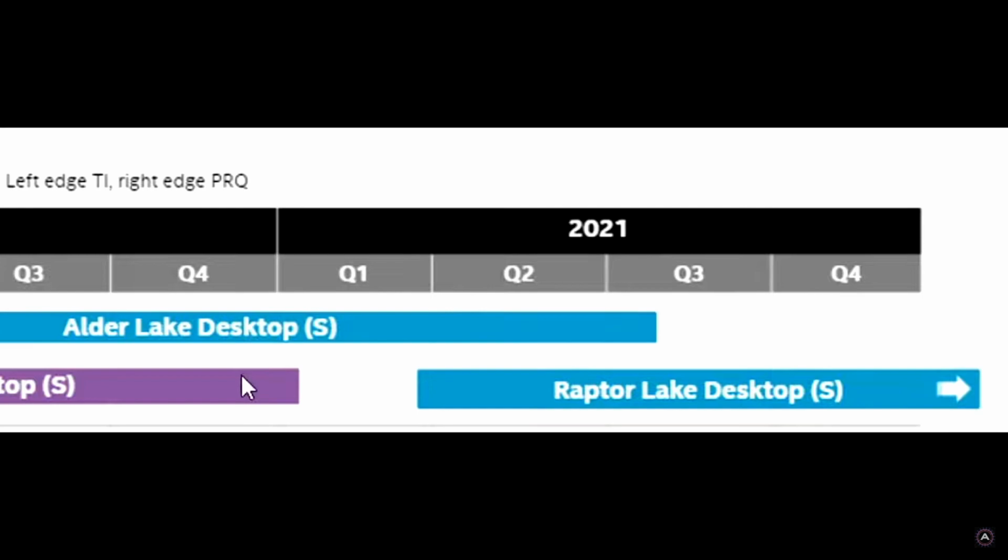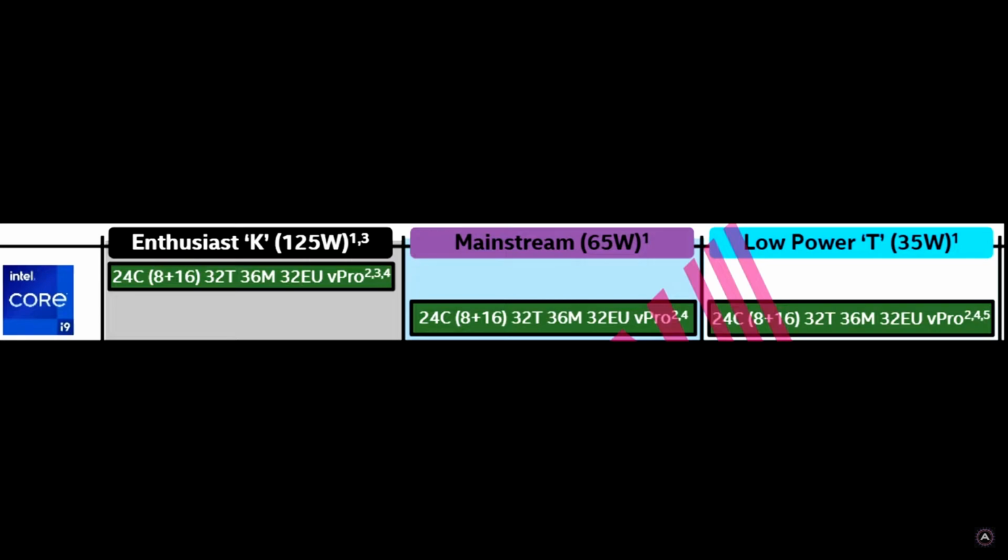Intel Raptor Lake desktop CPU power requirements. Coming to the power requirements, the Intel Raptor Lake 125 watts variant will feature a PL1 rating of 125 watts, 125 watts in performance mode, PL2 rating of 188 watts, 253 watts in performance mode, and a PL4 rating of 238 watts, 314 watts in performance mode.